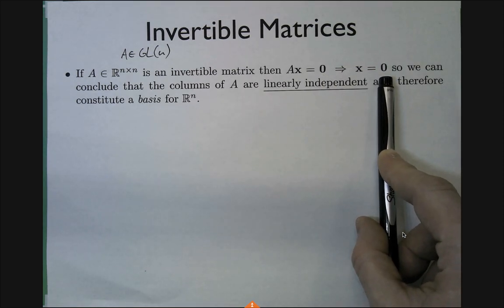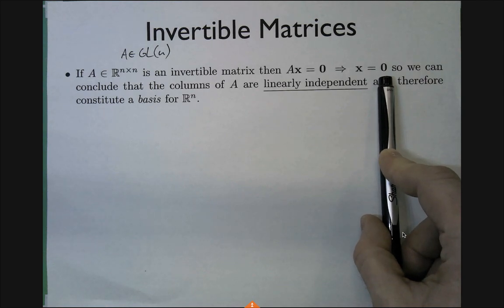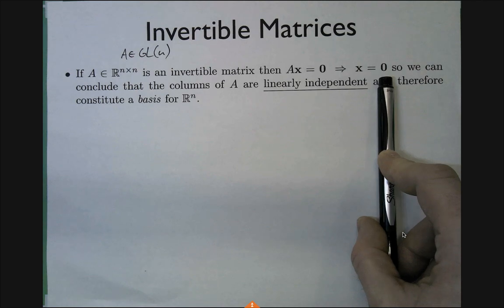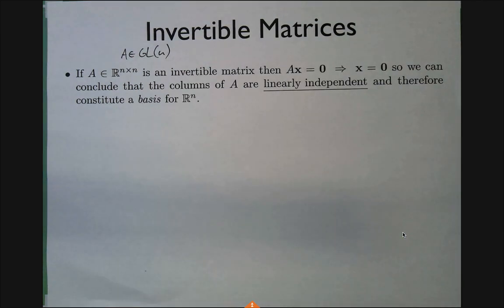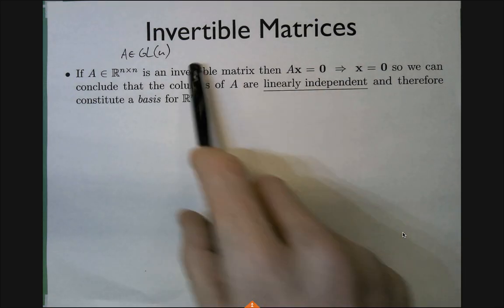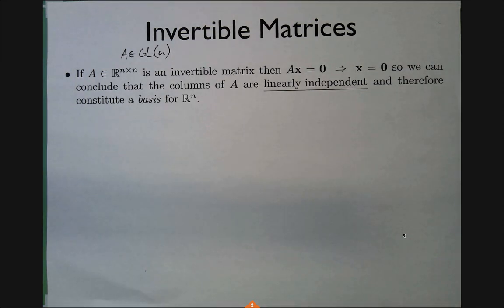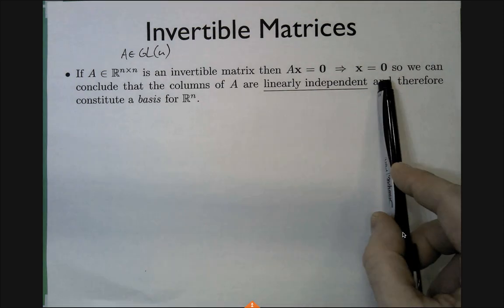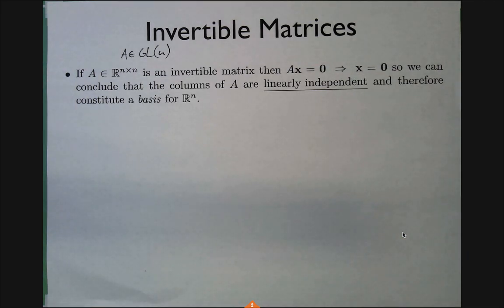What was the argument again? I said it earlier. I guess I'm just testing if you were paying attention. Well, because the reduced row echelon form of an invertible matrix is the identity, so it doesn't permit any free variables. So the solution is unique. So the trivial solution, because it is a solution, is the only one.